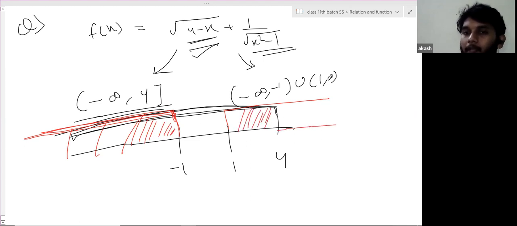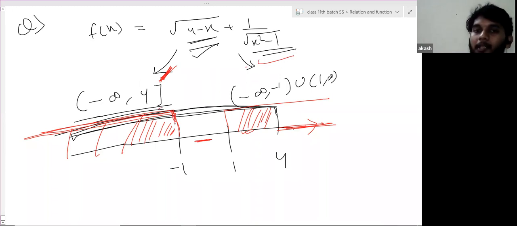Because if you take any value other than this, like out of 4, this will face issues. But if you take any value which is not included in this part, this will not be very happy. So you have to make both of them happy, take the common areas.